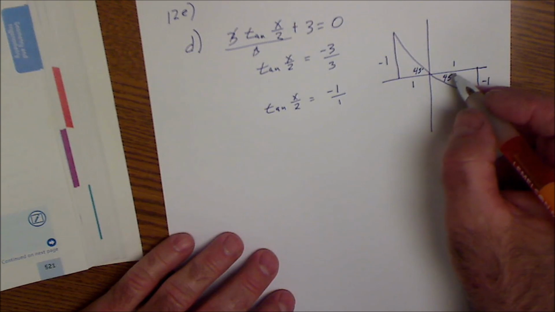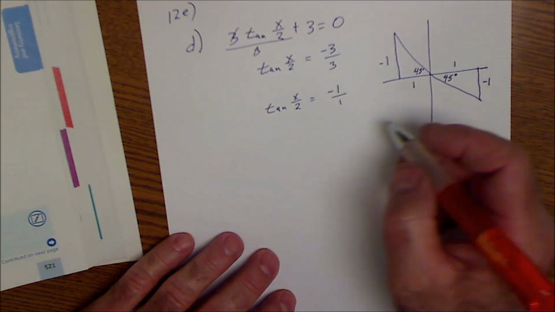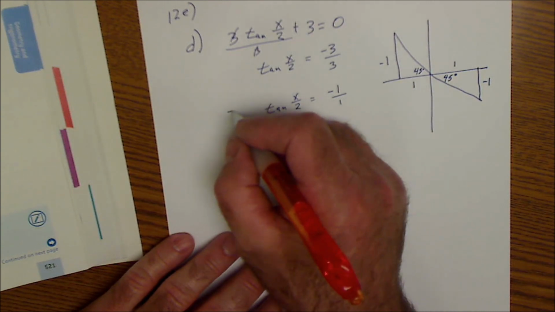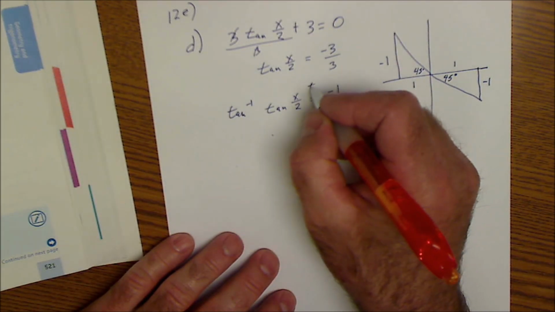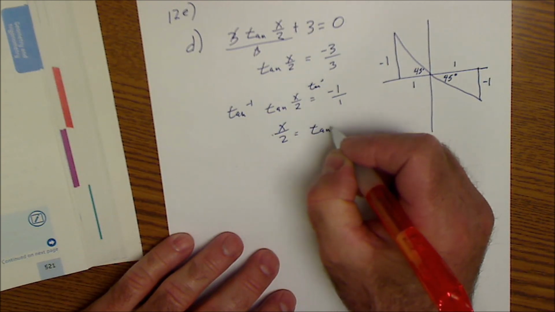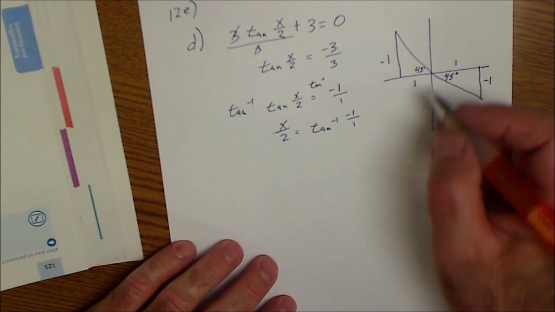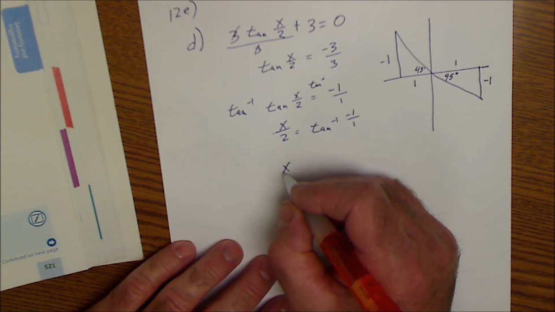So within my domain, negative 180 to 180, I take the arctan of both sides. That'll give me x over 2 by itself. Arctan of negative 1 over 1 will give me the 135 degrees.